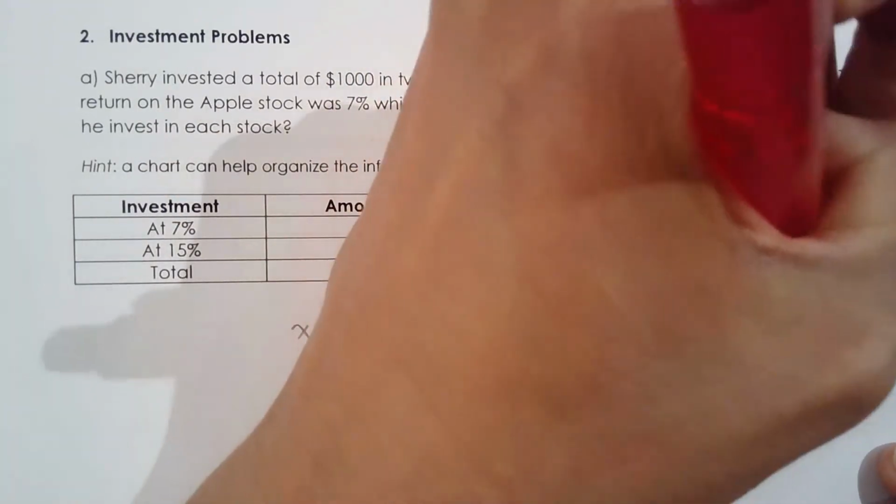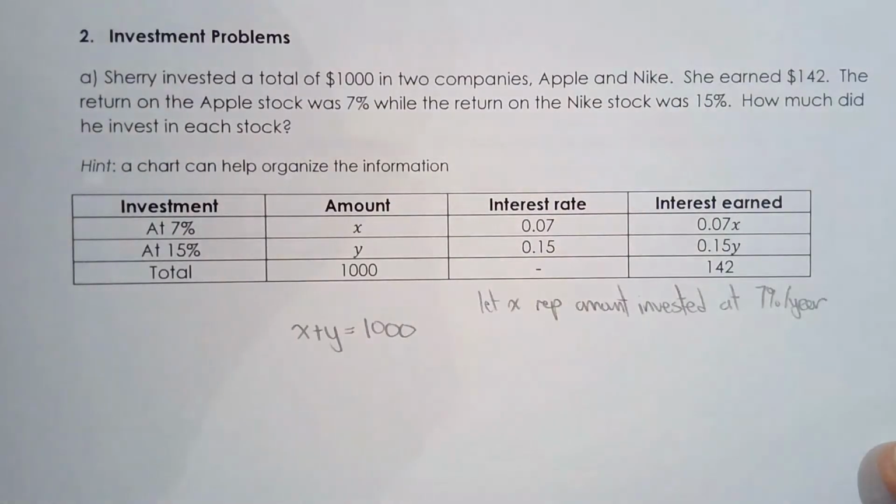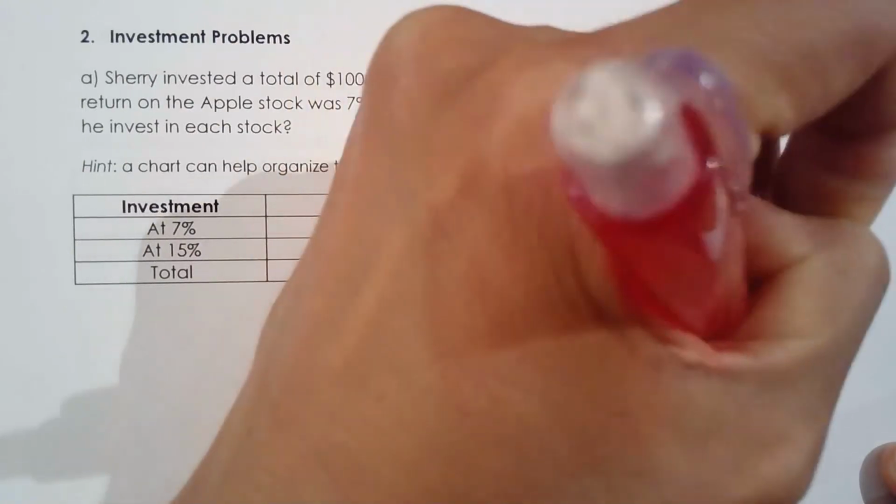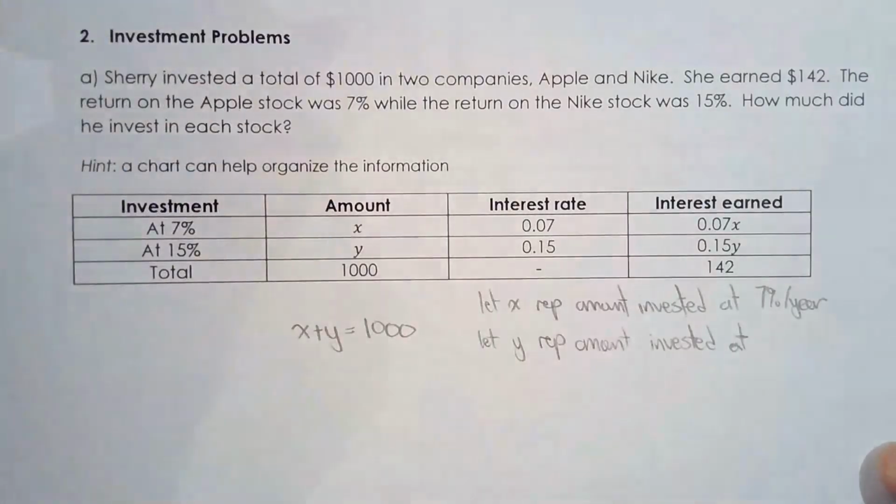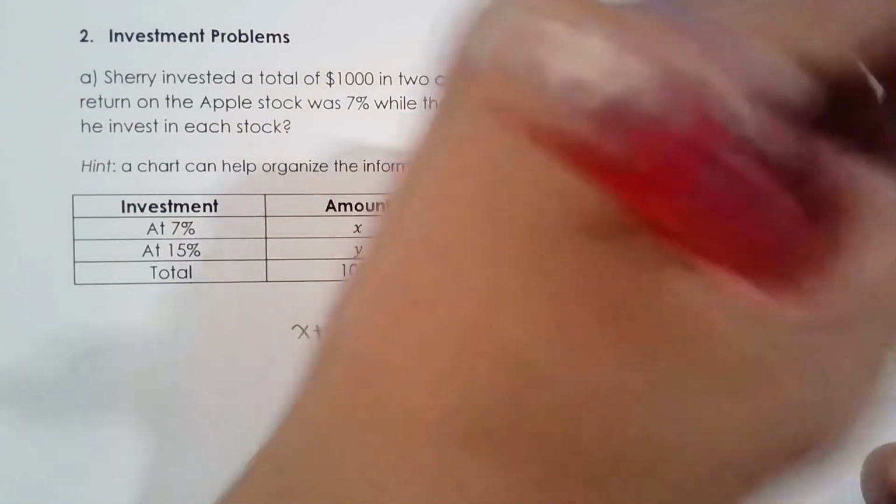So let x represent amount invested at 7% per year. Let y represent amount invested at 15% per year.